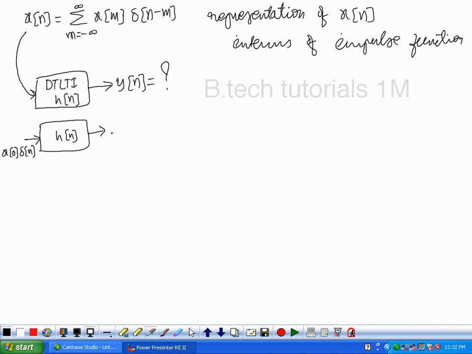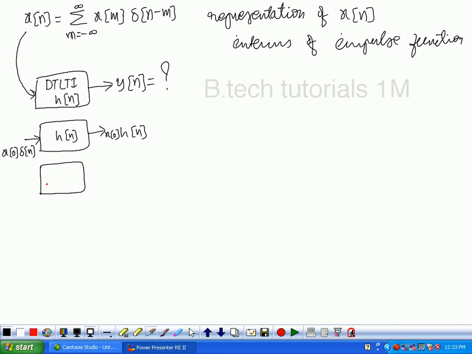What will be the output? See, if the input is delta of n, what is the output? h of n. The input is delta of n, output is h of n. Now if the input is some constant times delta of n, output is the constant times h of n. That is the scaling property.